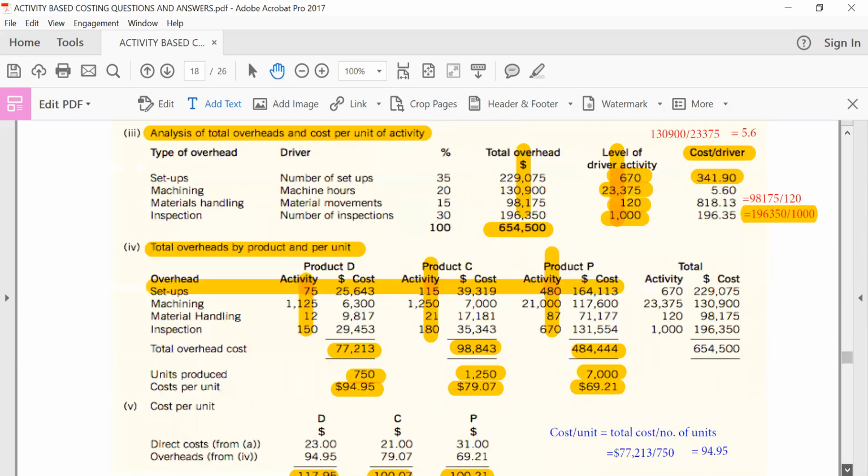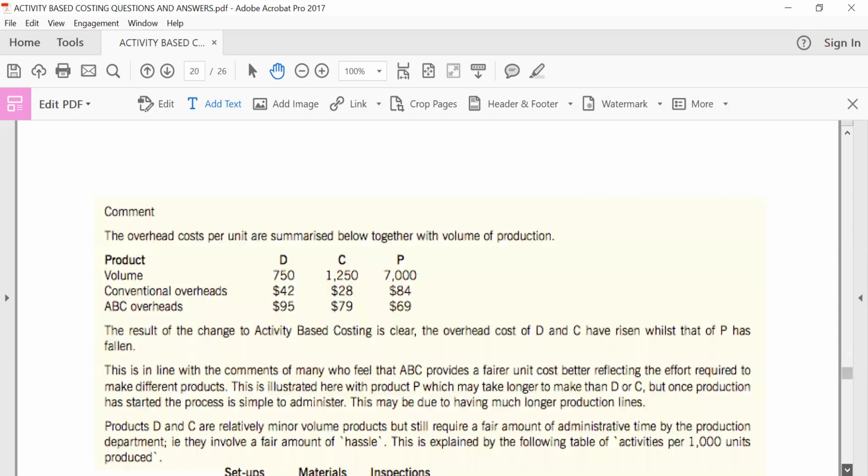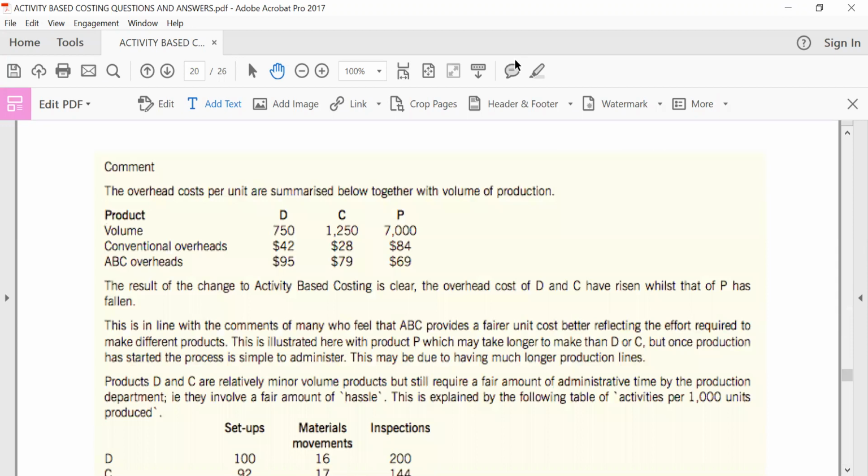We have the solution over here, right? So the examiner decided to bring in those figures. The overhead cost per unit as summarized below together with the volume of production, because he actually used that to explain. The volume of production for product D was 750, 1250, and 7,000 for the other product, as you can see.